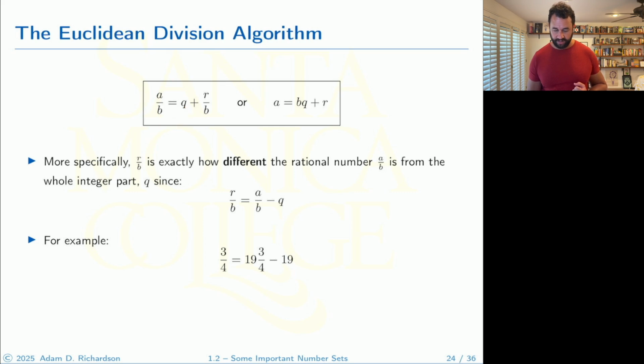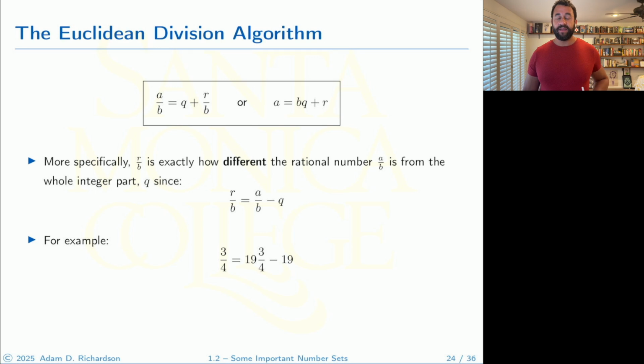Move q over there, and what you get is r over b is equal to a over b minus q. And that's a difference, like we talked about in the previous section. So the difference between this rational number a over b and its integer part is exactly this fractional part. That fractional part contains all that information. So for example, 19 and 3/4 minus 19 gives you 3/4. That's the fractional part, the difference between the two.